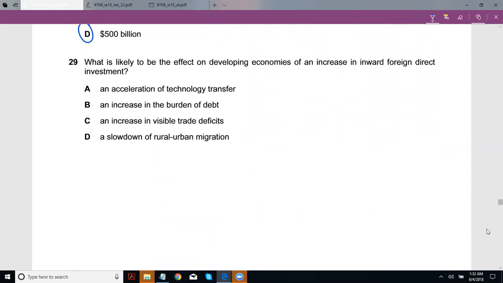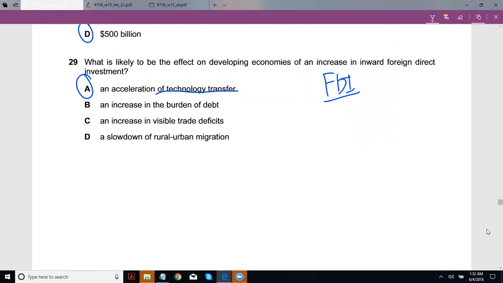What is likely to be the effect on developing economies of an inward foreign direct investment? This is a very common question. When foreign direct investments come in, that's in fact a very popular way to grow and develop. It does accelerate technology transfer, because if they're investing inside your economy, they're also bringing some of their technology, their ways of doing things, their production mechanisms and methods, and that helps to teach your local population how to produce in a more efficient manner.